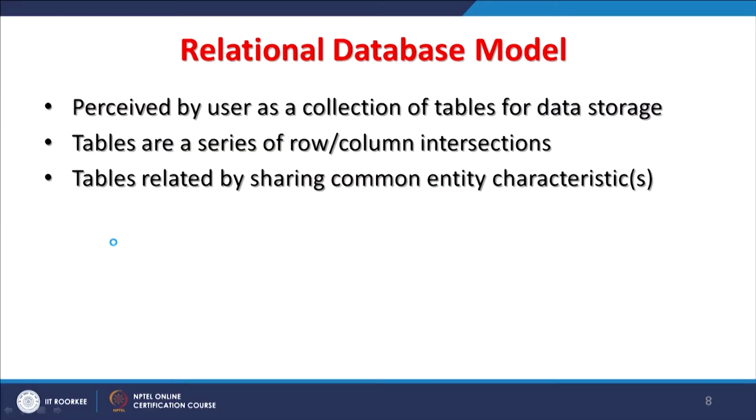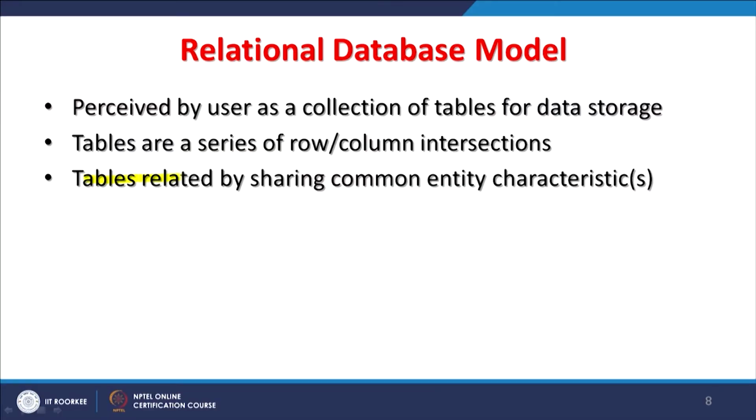These are basically that the information is stored as a relational database, but in the form of tables, at least on the display side. Tables are, as you know, a series of rows and column intersections, and tables are related by sharing a common entity characteristic.